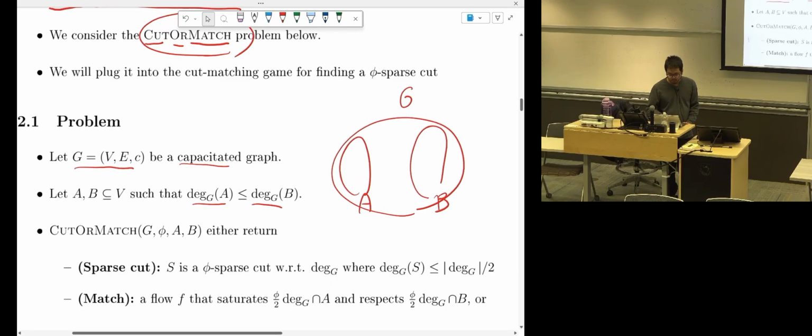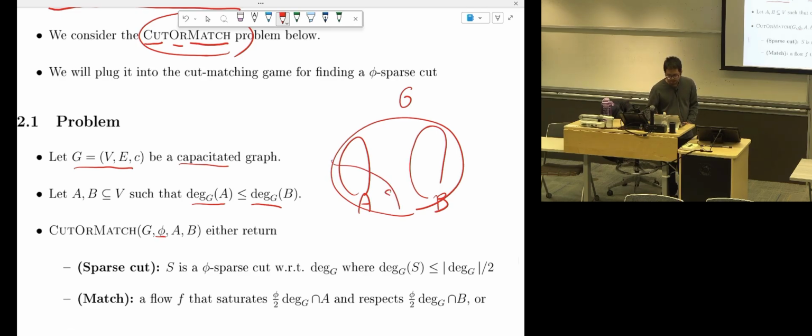Given this parameter phi, and A and B, the algorithm is gonna either find some sparse cut S that is phi-sparse, or otherwise it's gonna send flow from A to B, that is, match flow from A to B.